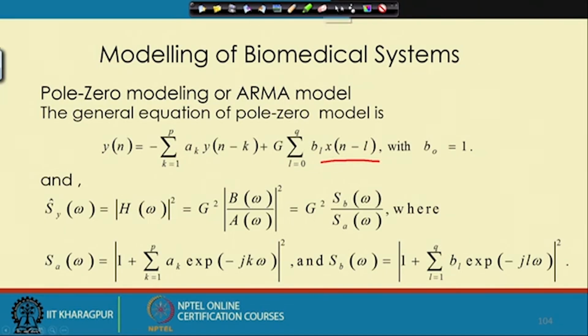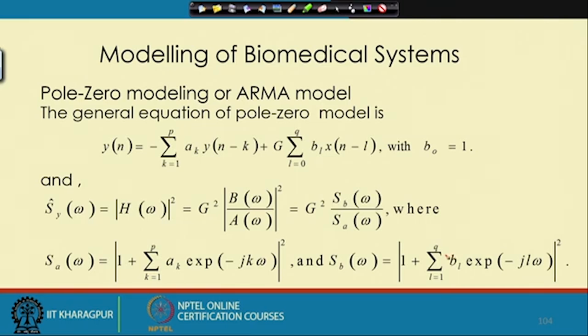As it is constant, the spectrum can be represented only with H of z, and that filter H of z or H of omega we can represent in terms of the polynomials A and B in the z domain.